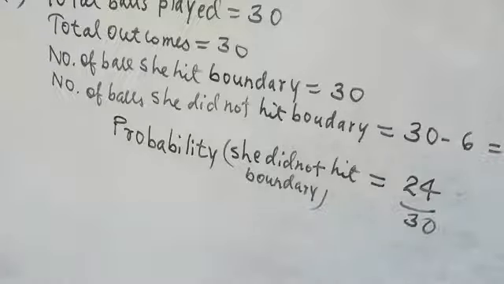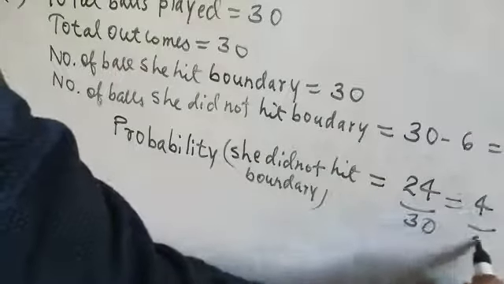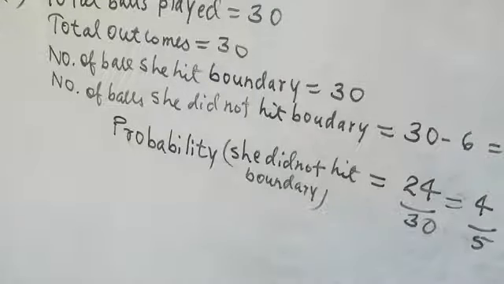It will be cancelled with the table of 6s. 6 4s are 24 and 6 5s are 30. So the answer is 4 upon 5 for the first question.